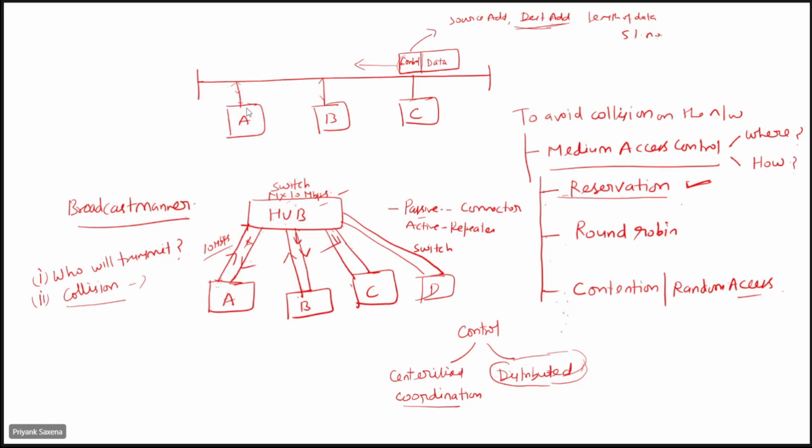And the third approach, which is widely used, is called contention or random access, right? In the earlier two schemes, the stations transmit when they have data. But in a contention scheme, also called random access, the stations contend for access.